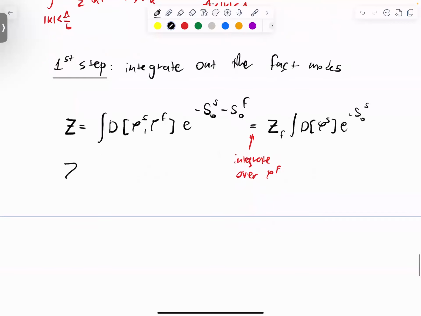And the Z fast is nothing but the Gaussian integral.